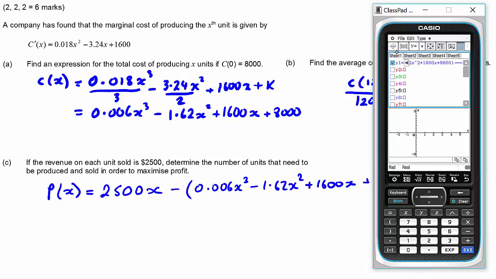And then select that, and let's graph it down below.